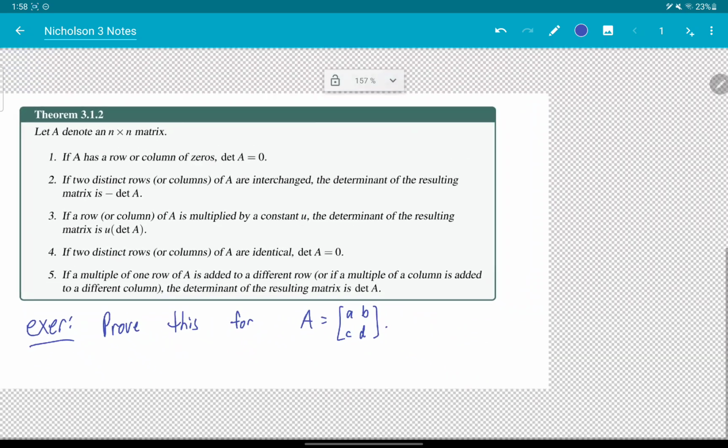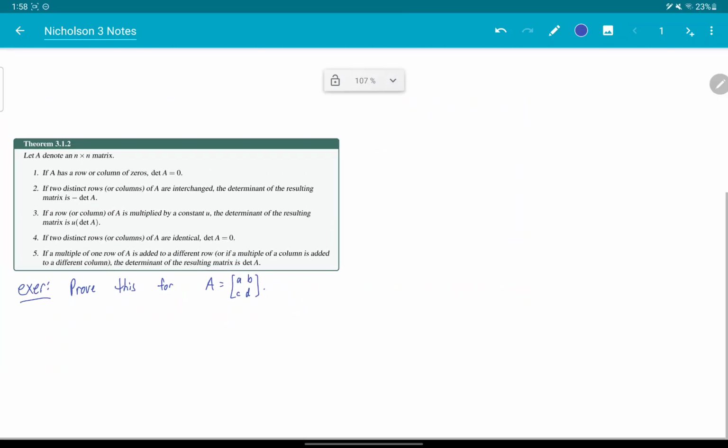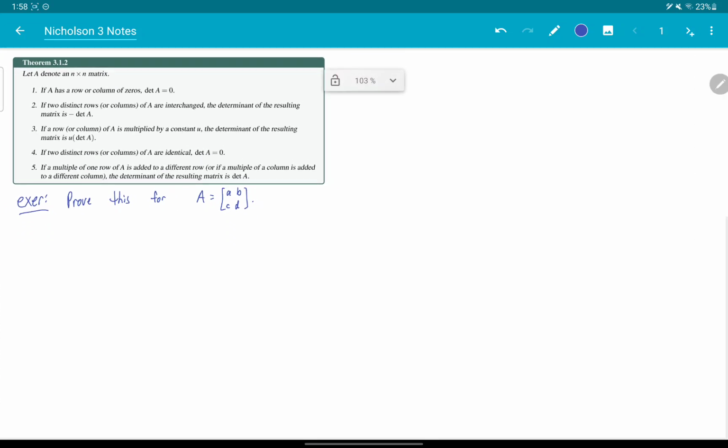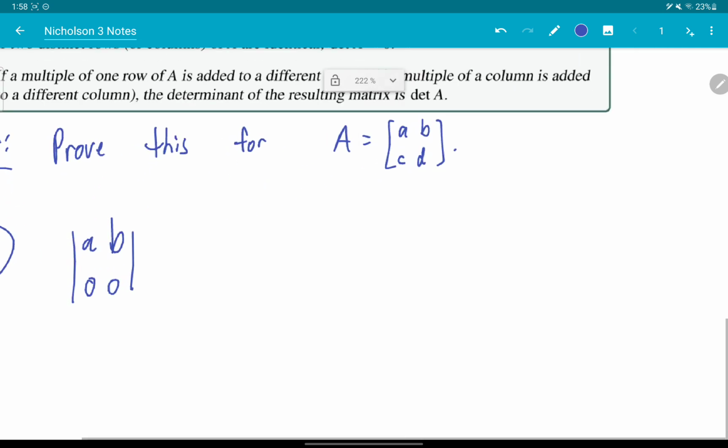Okay, let me zoom out here so I can keep that theorem in front of us while I try to prove this. Okay, 1. If I have a row or column of zeros, so that would be A, B, C, D. I'll take the second row to be 0 just to illustrate. A, B, 0, 0.